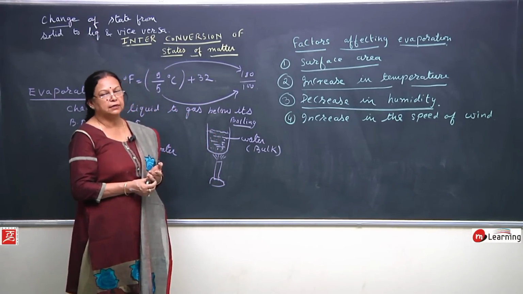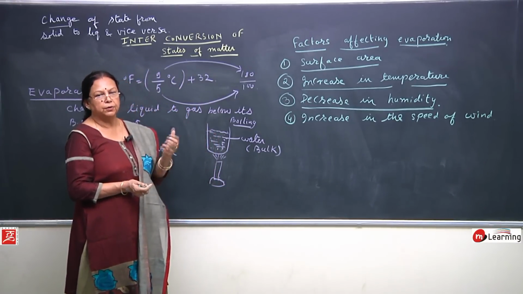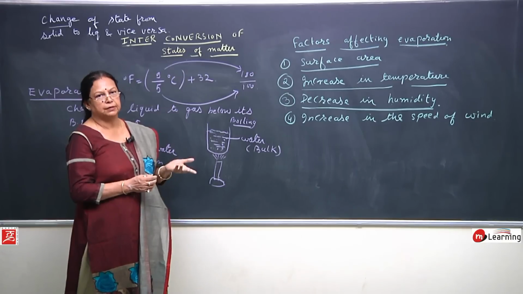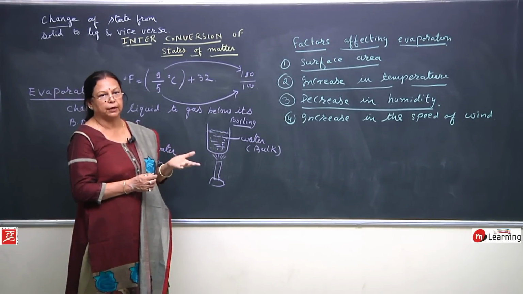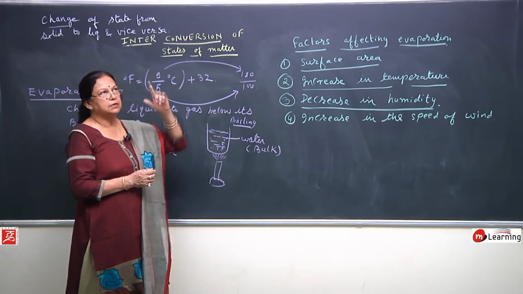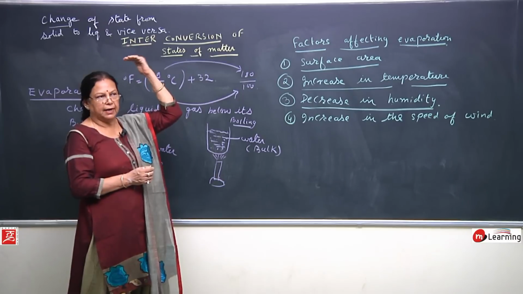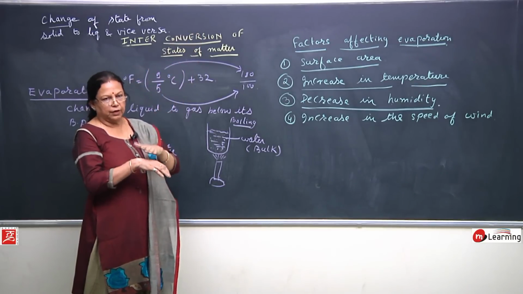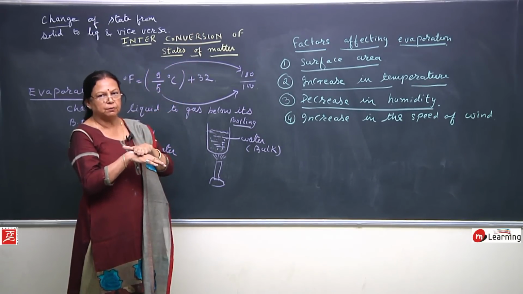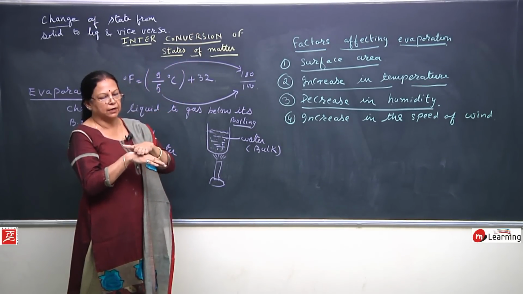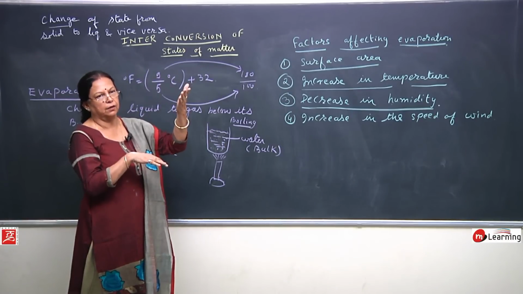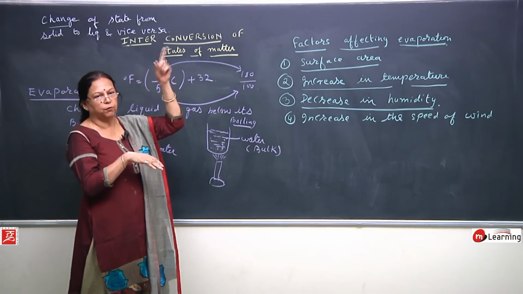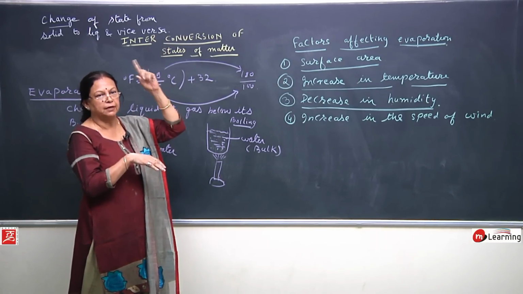Why? Because due to the hot weather, your body perspires, sweat comes out of the body, and the fan is moving, taking away the humidity of the air. So, whatever perspiration or sweat comes on our body goes faster into the air because of that moving fan, or the wind produced by the fan.